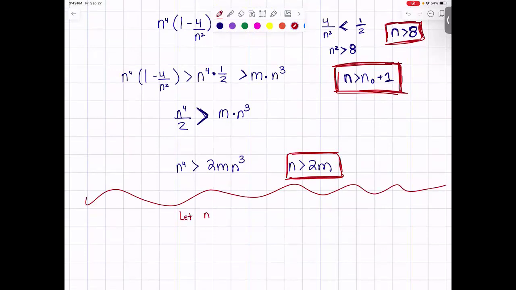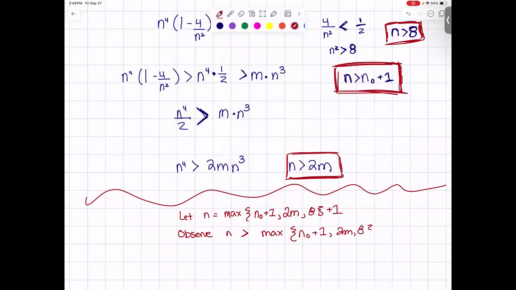So we can say let n equal the maximum of n naught plus 1, 2m, and 8 plus 1. I'm going to keep mine in the 3 terms, but we could combine these two if you wanted to, as we said. In doing so, we can observe that n is greater than the maximum between those 3 values without the plus 1: n naught, 2m, and 8.